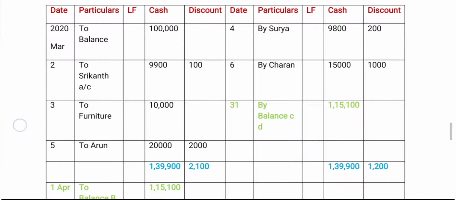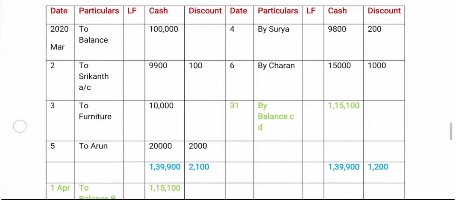Now we are coming to the credit side. Here both amounts are taken as the same, 1,39,900. We don't need to take the amount for the discount column, it is ignored. The total discount of the credit side is 1,200 and the debit side is 2,100. We don't need to prepare a balance for discount.